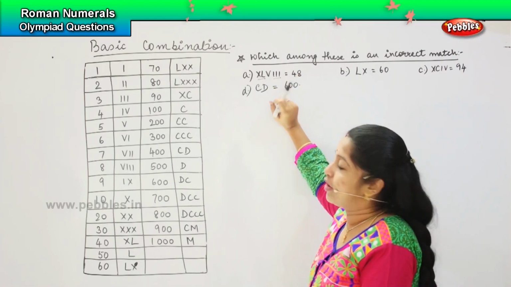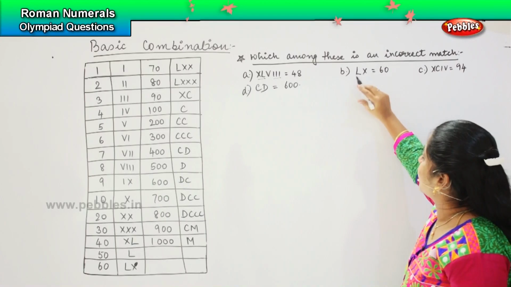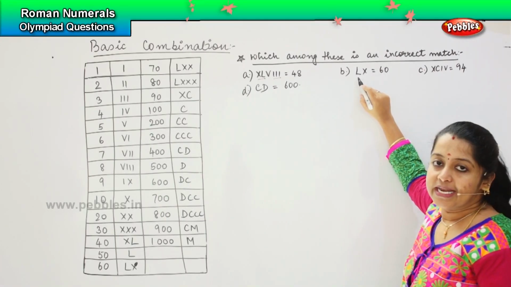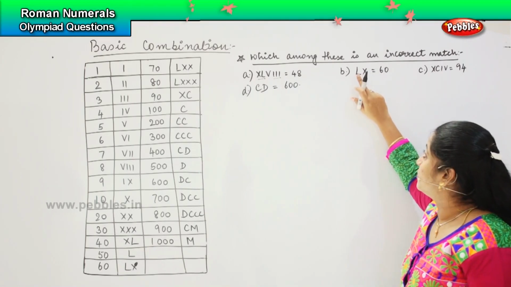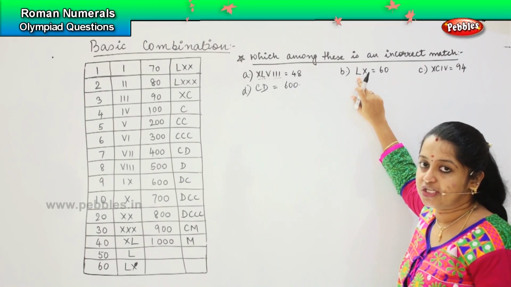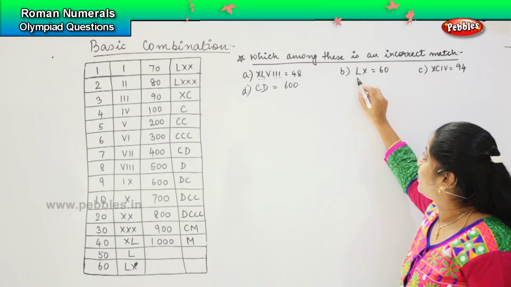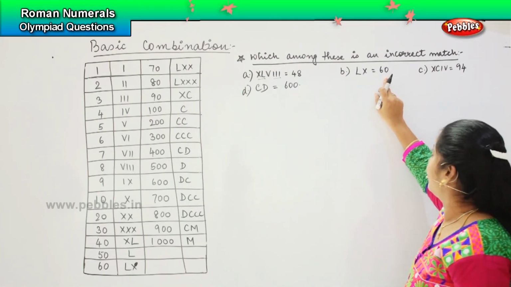So 40 plus 8, 48. So this is the right derivation. Next one, LX. You know L is 50, X is 10. And here the symbol which has the higher value comes first. So which means we need to add here. So 50 plus 10, 60. Is it right? Very good.